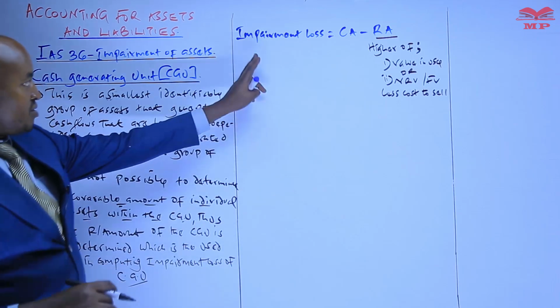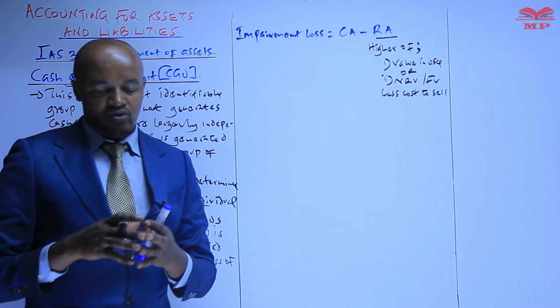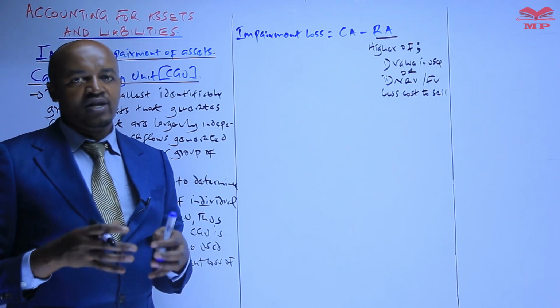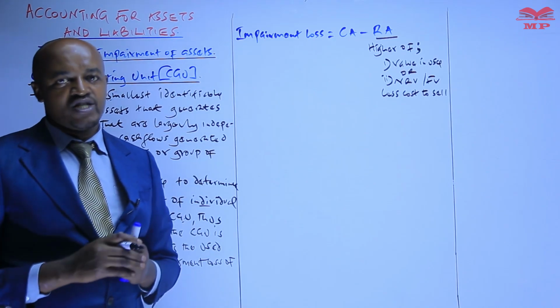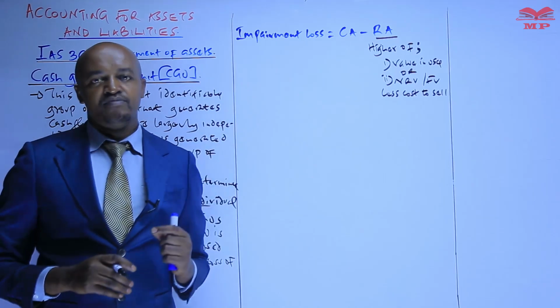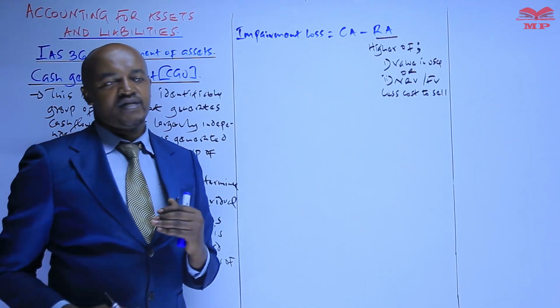Now, this impairment loss for the cash generating unit should be allocated to the assets within that cash generating unit. And in allocating the impairment loss, there is an order which is followed.